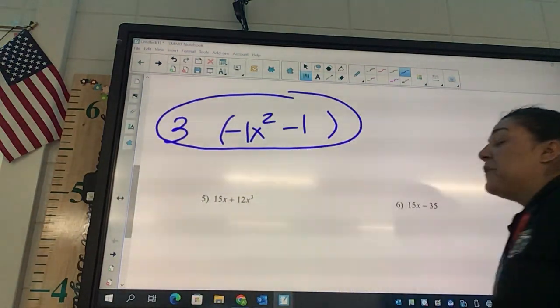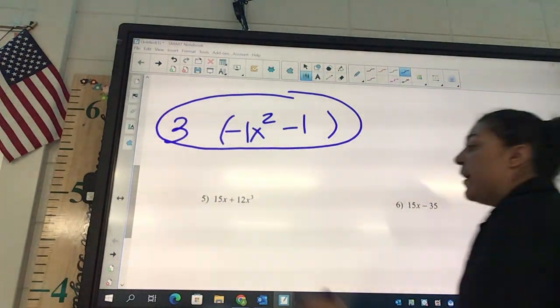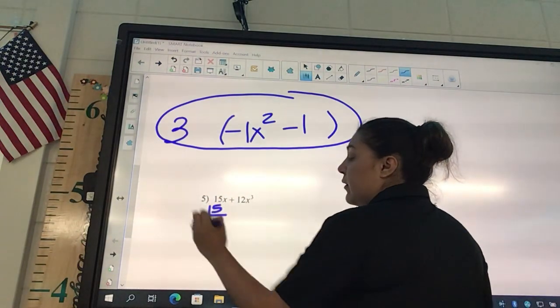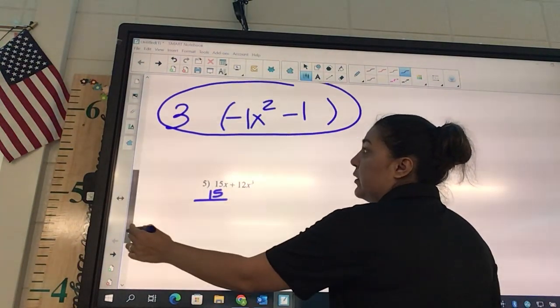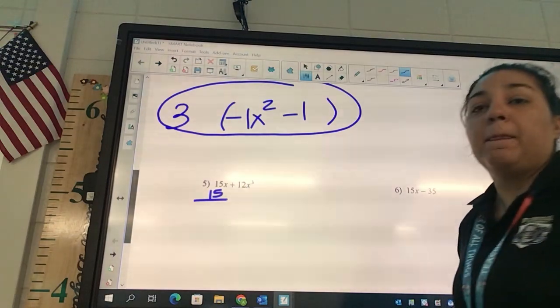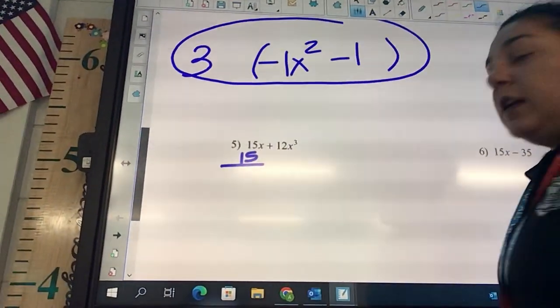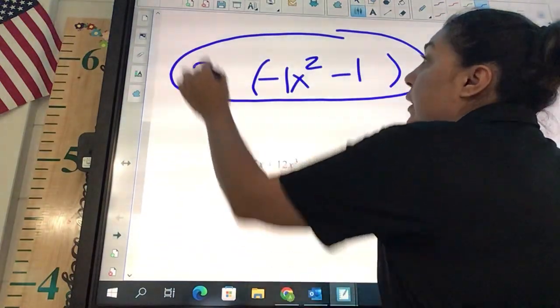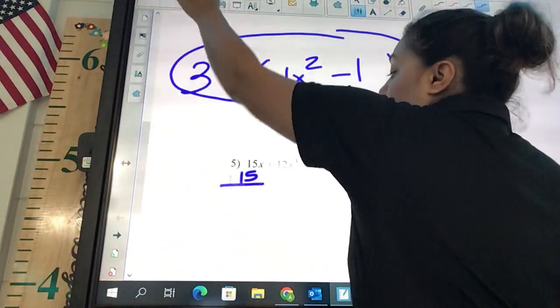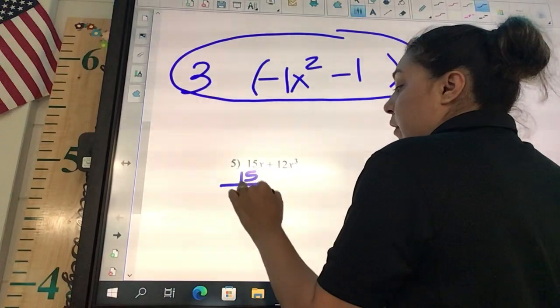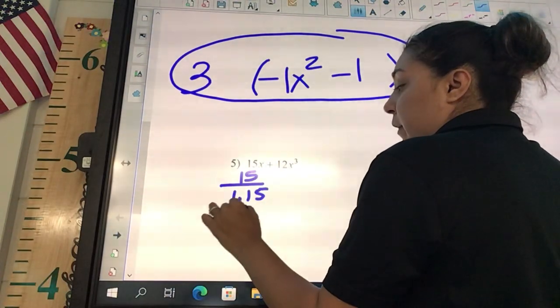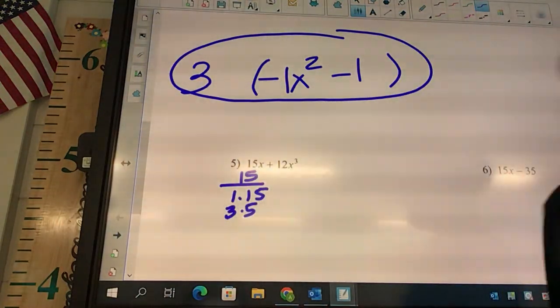Okay, if we look at 5, what are some factors of 15? What's the first one going to be? 1 and 15. Does 2 go in? No. Does 3? 3 and 5. And does 4?